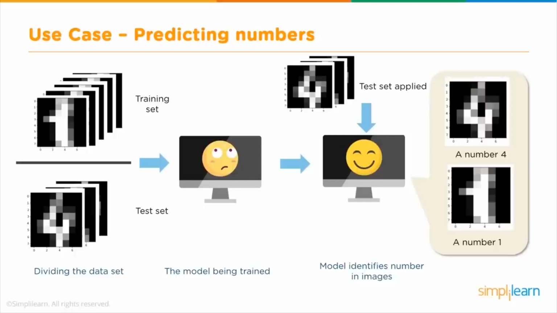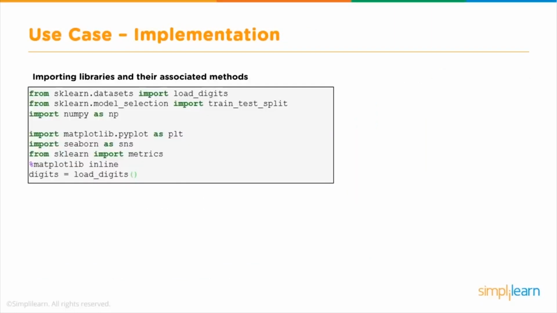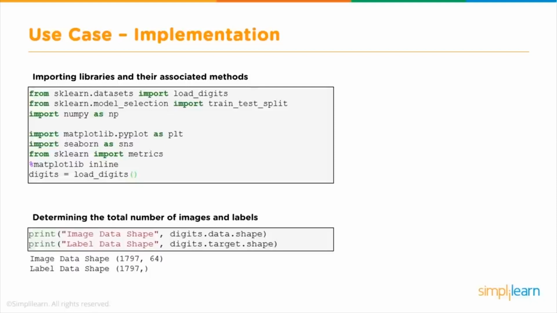So let's take a look at the code and see what we are doing. I'll not go line by line, but just take you through some of the blocks. First we import all the libraries, and then we take a look at the images and see what the total number of images is.